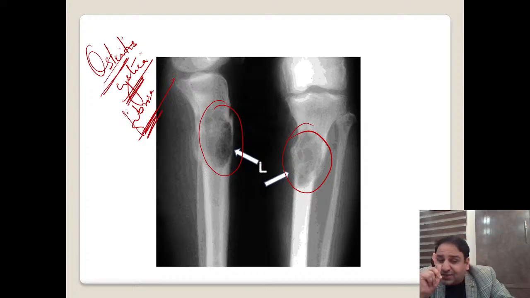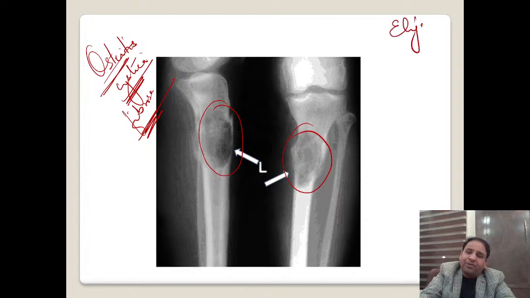And similar false cystic areas we see in osteoarthritis also, and I'm sure all of you remember, they are called Ellie cysts.